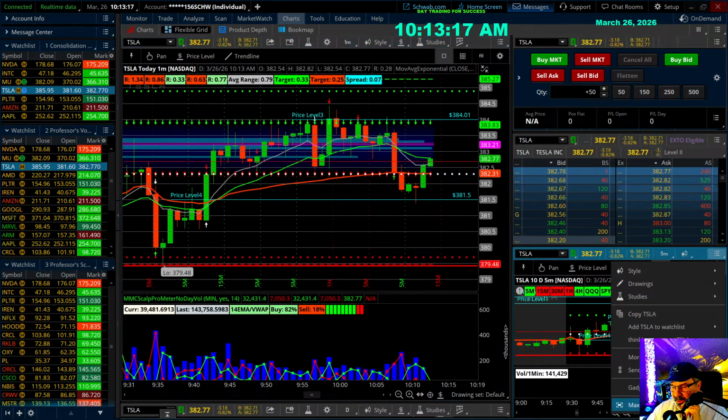Sellers are winning out right now. Going short as it comes back up is probably the better move on this. Let's see what it's doing here. Oh, wow, it's really slow, huh? I mean, it's there. It's just 6 cents. There it goes.